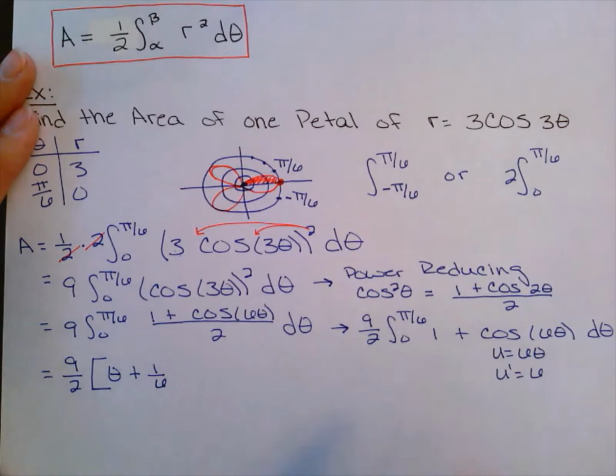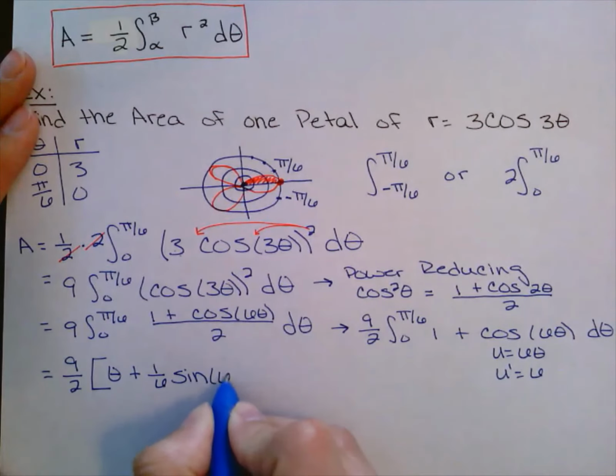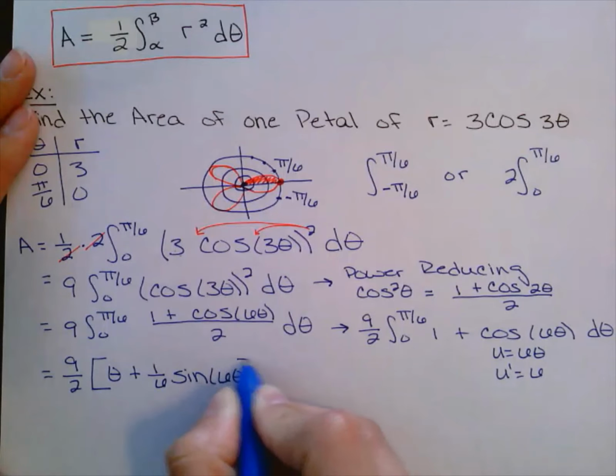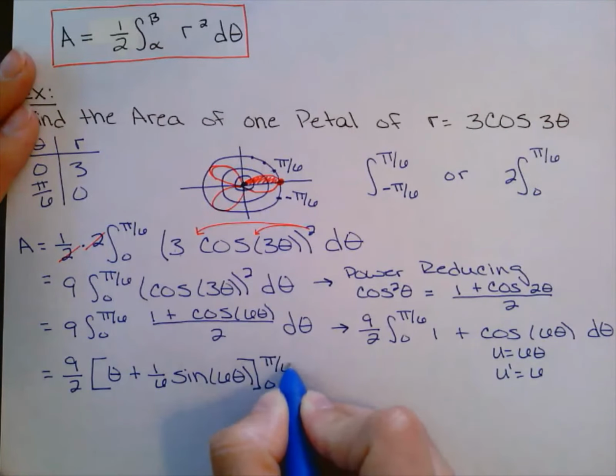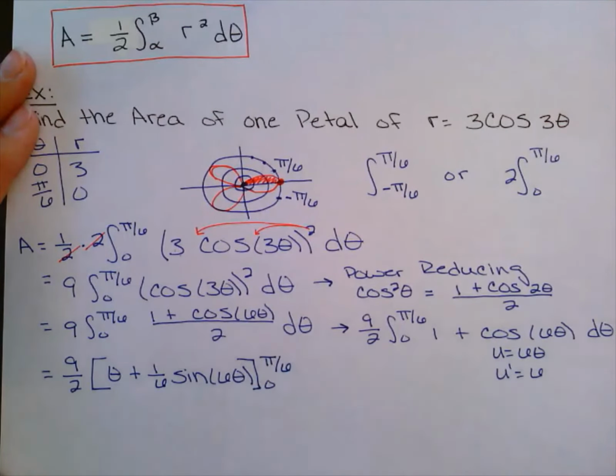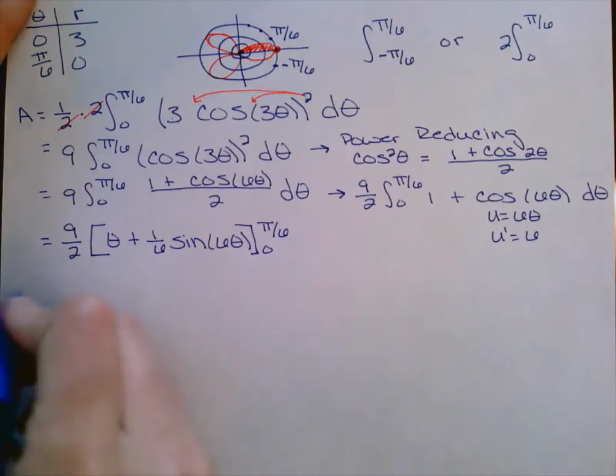And now antiderivative of cosine is sine. And then technically U sub would be of U, but my U is 6 theta. And we can do that whole U sub in one step. Now comes my f of b minus f of a.